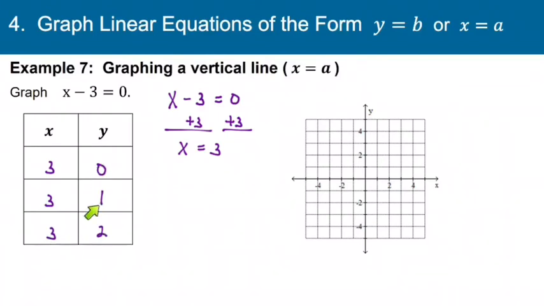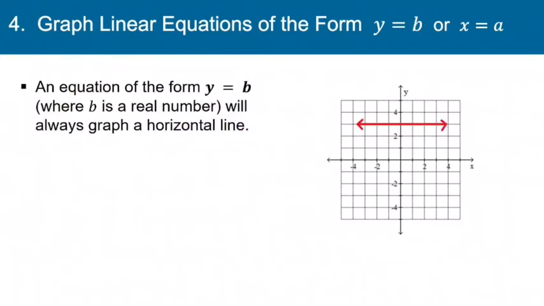So again, no matter what y is, x has to equal 3, and let's plot those points. 3, 0 would be here, 3, 1 would be here, and 3, 2 here. So you can see that these points are forming a vertical line. And this line represents the set of all points whose x value is 3.